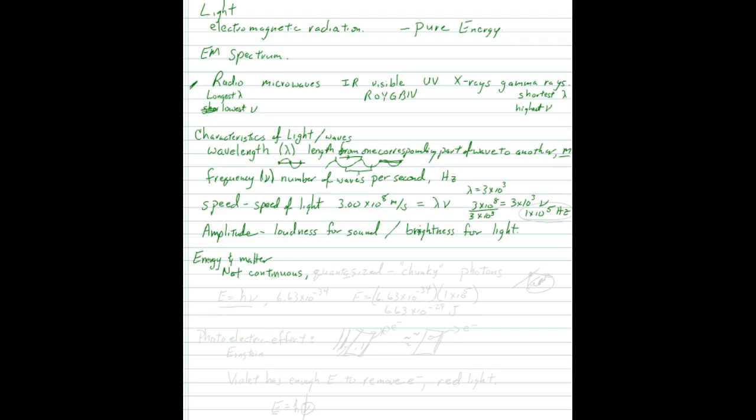But we find out that it is, in fact, quantized, which means it is chunky. It comes in discrete units. Just like the Greeks thought that matter was continuous, and then we found atoms, which are quantized, smallest bits of matter. So we call these chunks, or particles, or packets of energy photons.